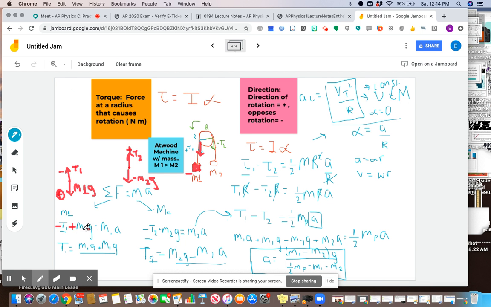So when we solve for tension here, T1 equals negative M1A plus M1 times G. T2, because M2 is smaller, it should accelerate up, so up should be positive, which means that T2 would be positive, and the force of gravity would be negative. So when we solve for T2, we get M2G plus M2A.